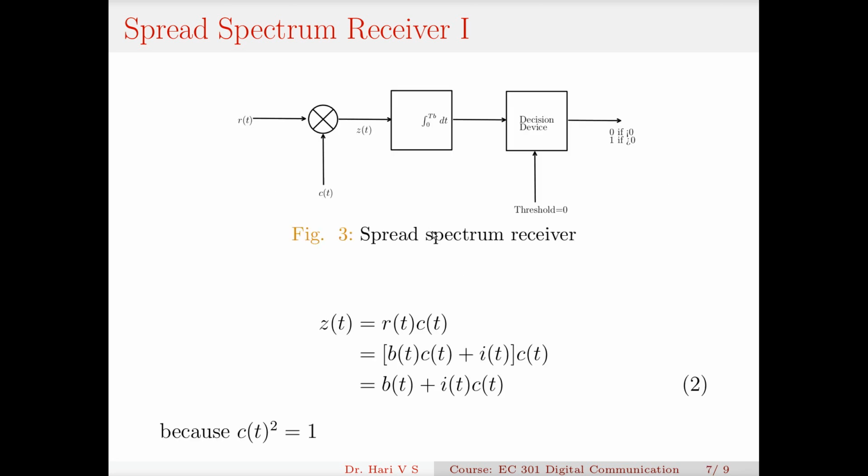This ultra wideband noise cannot pass through this integrator, because this integrator is ultimately a low pass filter. So it is blocked by this integrator, which helps in getting my b(t) back. So I get my bits back. Who gets my bits back? Only my friendly receiver. But my enemies don't have this c(t), so they cannot get this data received properly.